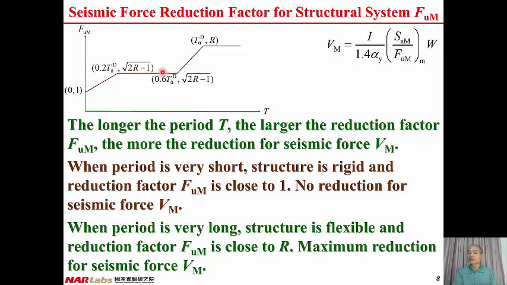When the structural period is very, very long, the structure is flexible, so the ductility can be fully developed. Therefore, the reduction factor FUM is close to R. Then we have maximum reduction for seismic force Vm. Therefore, we have the smallest value for the maximum considered seismic force.